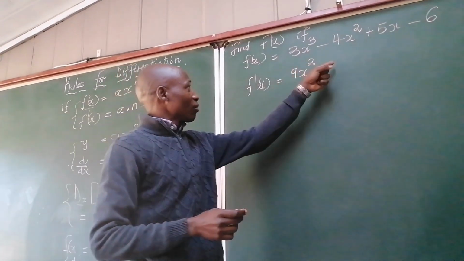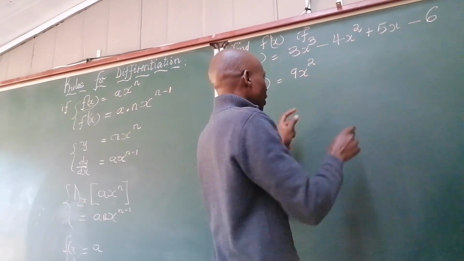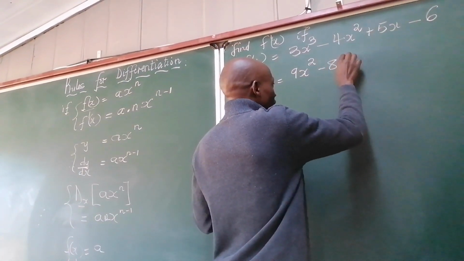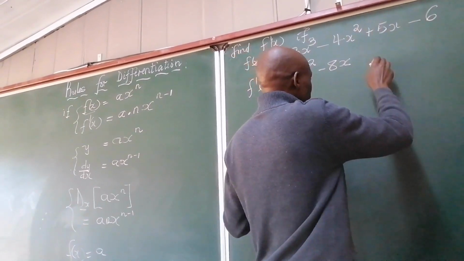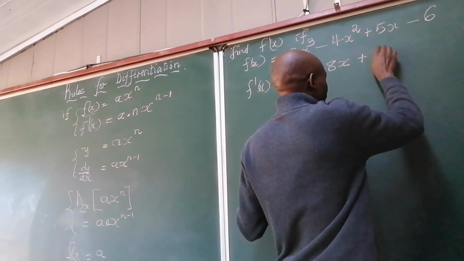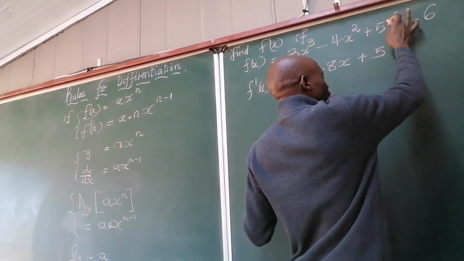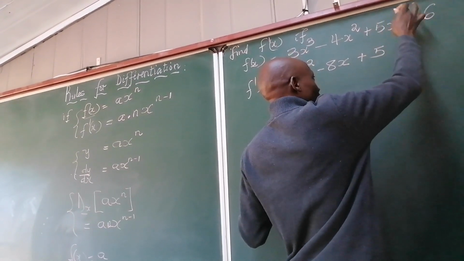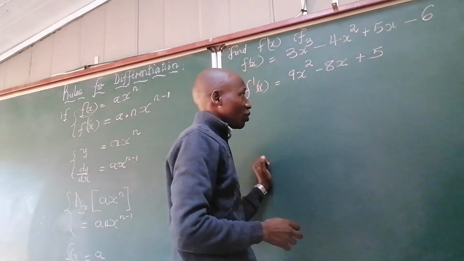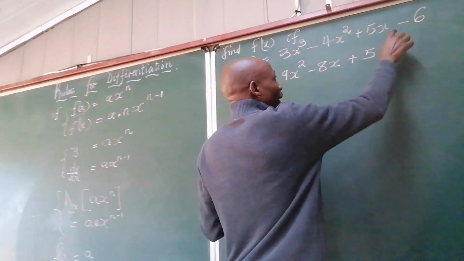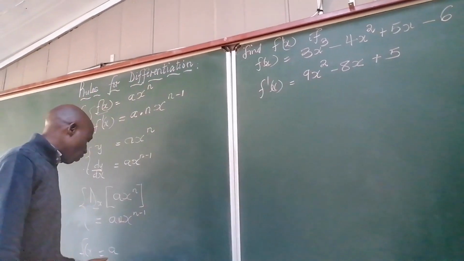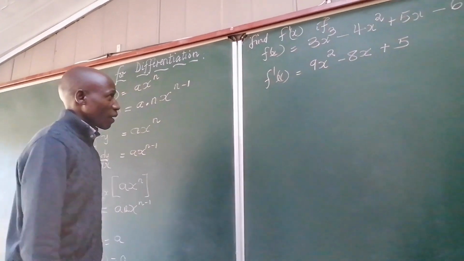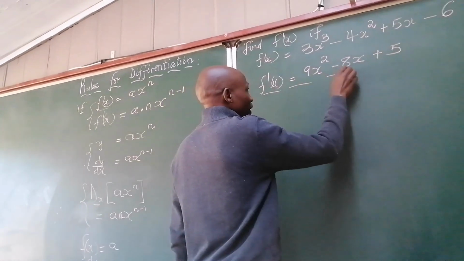On the next one, minus 4 times 2 gives us minus 8x to the power 2 minus 1, it's 1. The next one will be plus 5. This is power 1, so 5 times 1 is 5, 1 minus 1 is 0, so x to the power 0 is equal to 1. Then minus 6 is a constant, therefore the derivative of a constant is equal to 0. This is our first derivative.